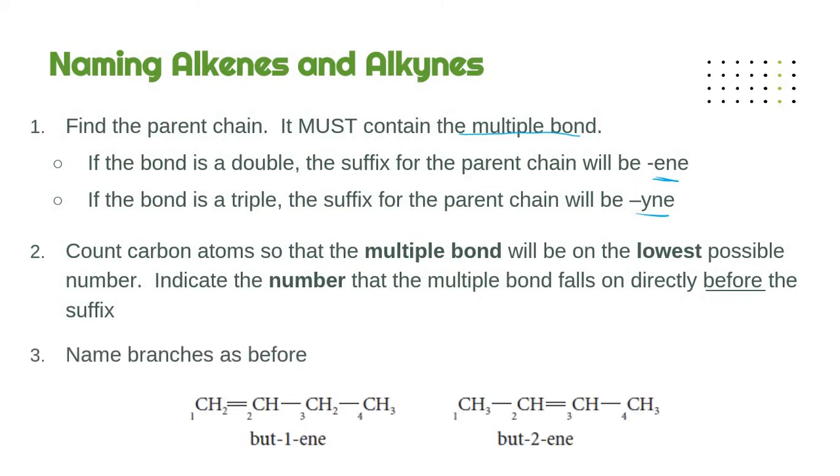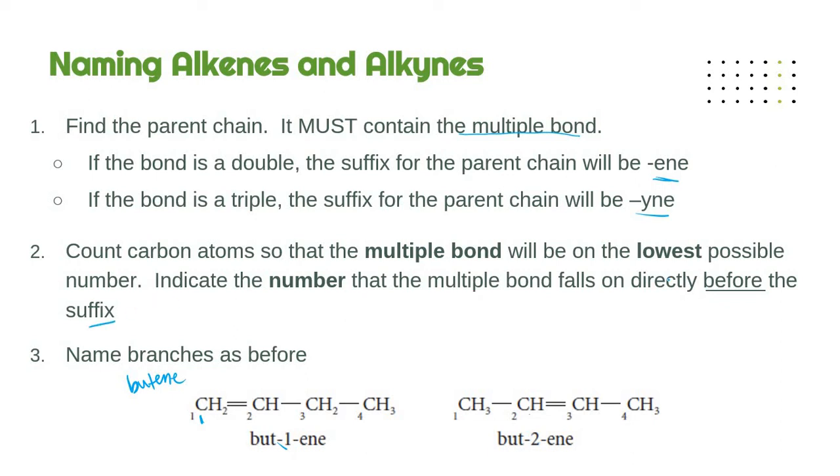Like this, this is a butene. It has a double bond, and this double bond starts at the first carbon. So but-1-ene, and this one is also butene, but the double bond starts at carbon 2. So this is named but-2-ene. You can write the 2 before the suffix.